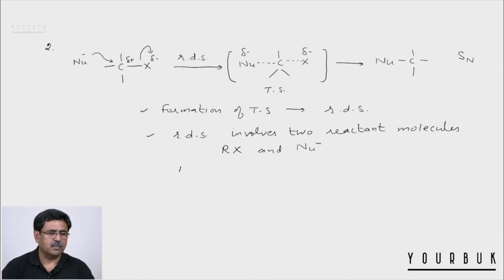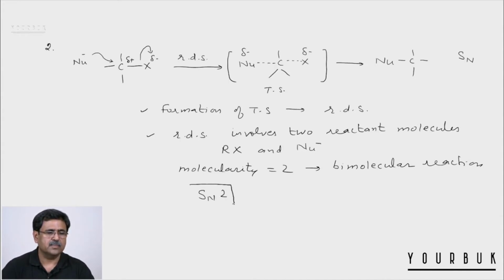Therefore, the molecularity of this reaction is 2, and the reaction is called a bimolecular reaction. Hence we write the symbol SN2. In SN2, S stands for substitution, N stands for nucleophilic, and 2 stands for bimolecular. So the reaction is called a bimolecular nucleophilic substitution reaction.